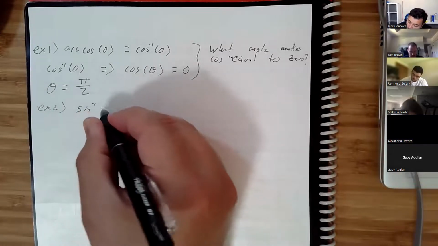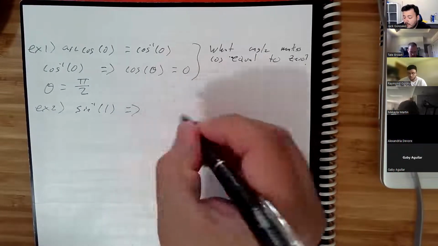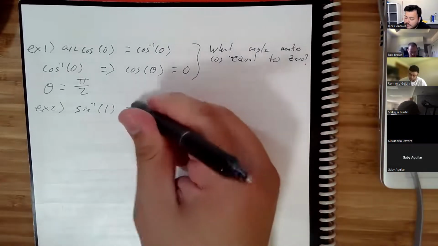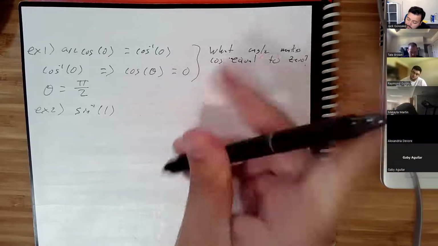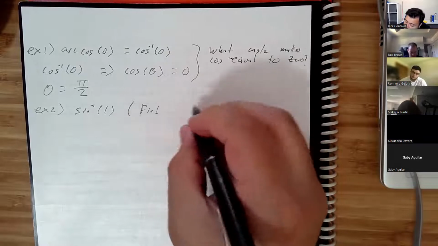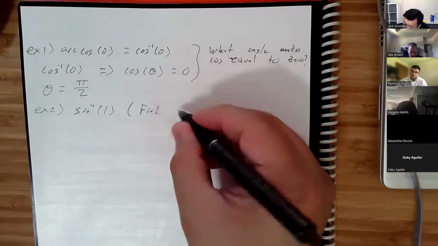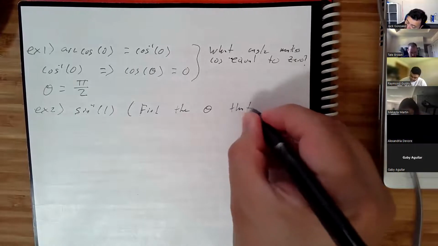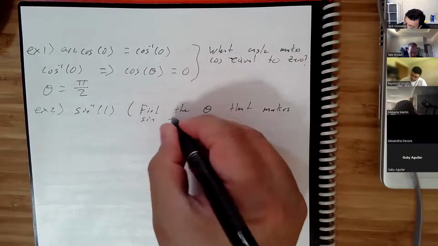Sine inverse of 1, that's the same thing as asking, okay, sine theta, you know what, I'll write this on the next line. Let's write the instructions here. I mean, it's implied they're not actually going to say this part, but just so we know: find the theta, the angle that makes sine equal to 1.